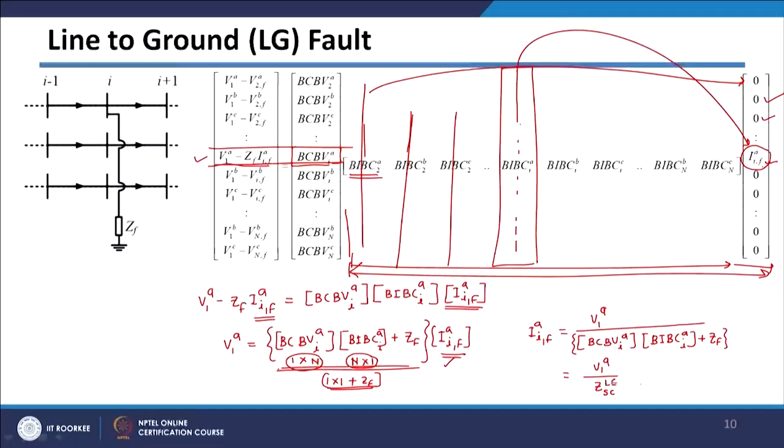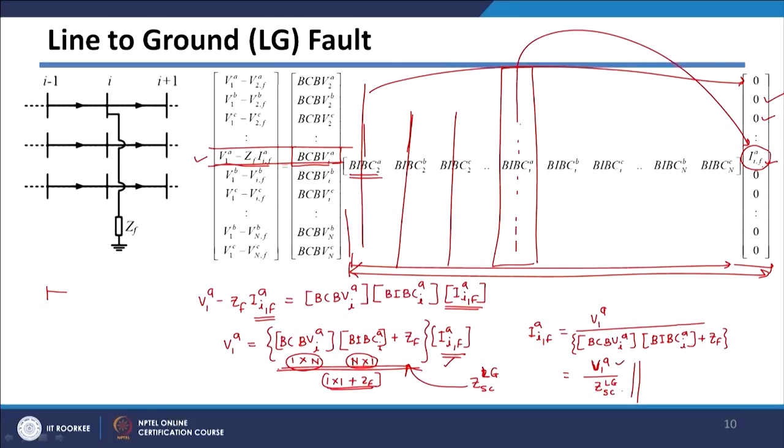So basically this ZSC in LG fault is given by this term here. I can call this bracket the short circuit impedance in case of LG fault. V1A is known because it is the voltage at the first, or source, bus, and the voltages of the source bus are known.